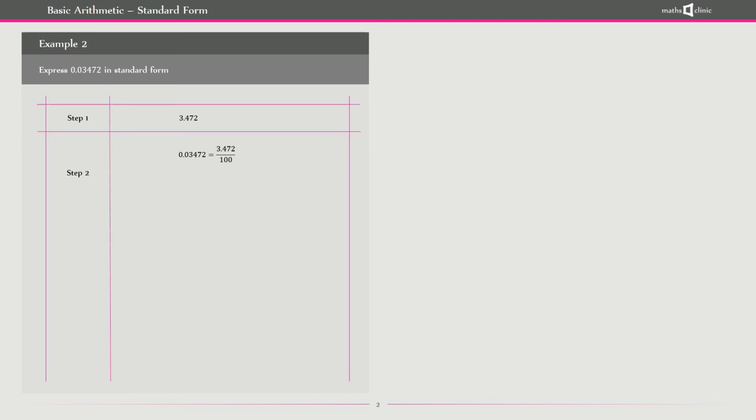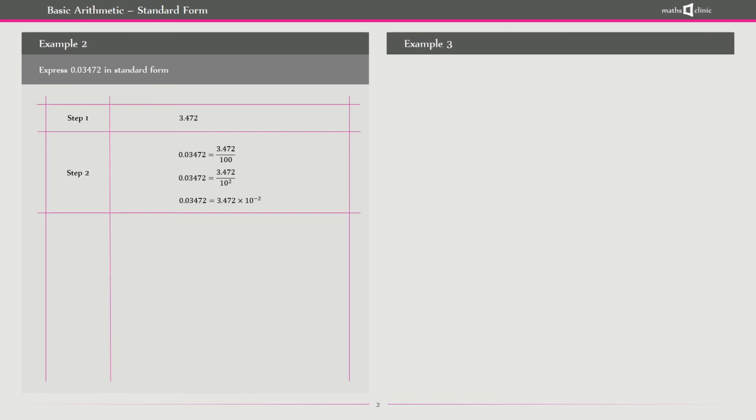We know that 100 is 10 to the power of 2, so we have 3.472 divided by 10 to the power of 2, and when we bring the 10 to the power of 2 up, change that division to a multiplication, it becomes minus 2. So we have 3.472 times 10 to the power of minus 2. And that's it. That's how you solve standard form. It's actually really easy. Let's do another one.